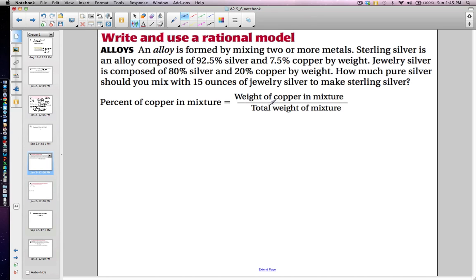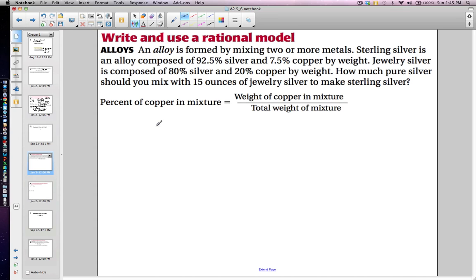If they've given us the percentage of copper in a mixture, I could figure out the amount of copper, but really what we're talking about is the silver, because it's how much silver we are going to mix. I could figure out how much copper I had, which would be helpful. I had regular silver, so it was 20%.